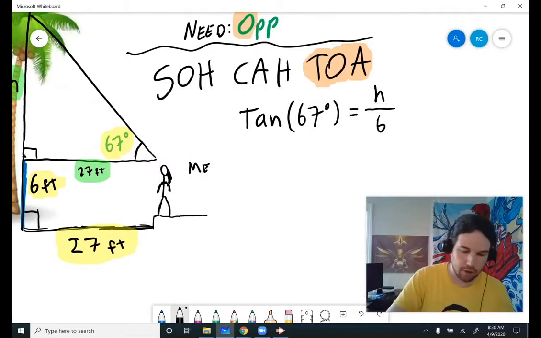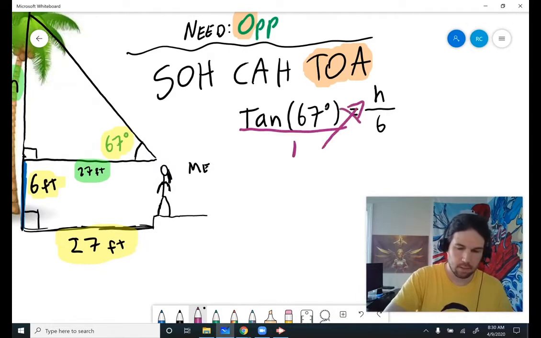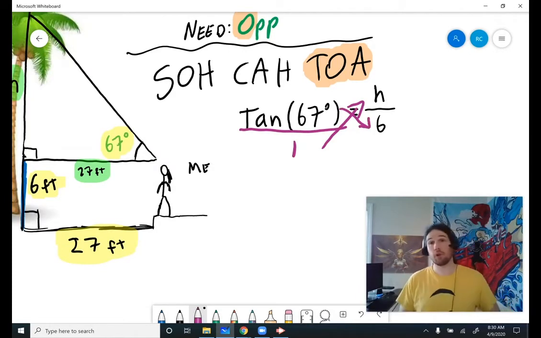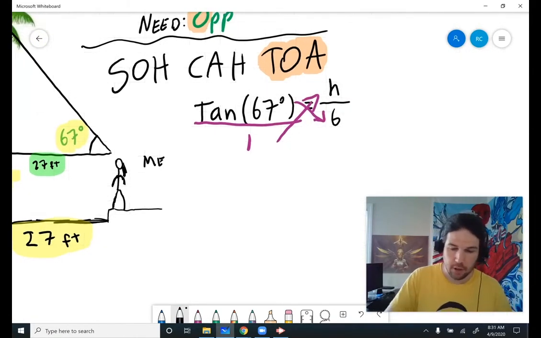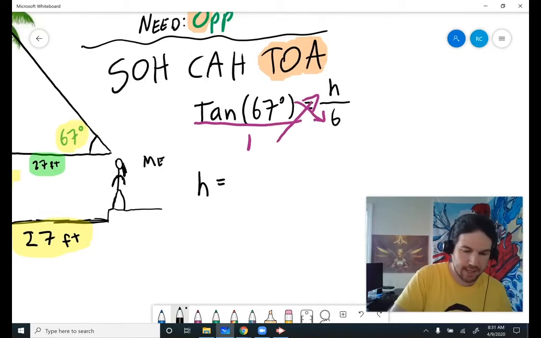And then at this point, you can cross multiply. Don't forget when you cross multiply that if you don't have a fraction on one side, you still have a fraction on one side. You just have to put it divided by 1, and now, magic, it's a fraction. Okay, so 1 times h is h, that's nice.